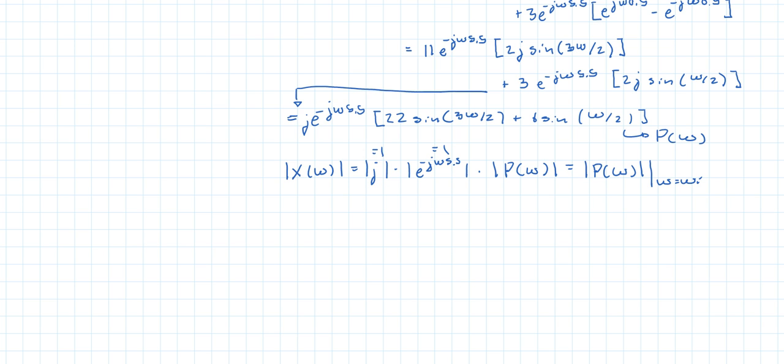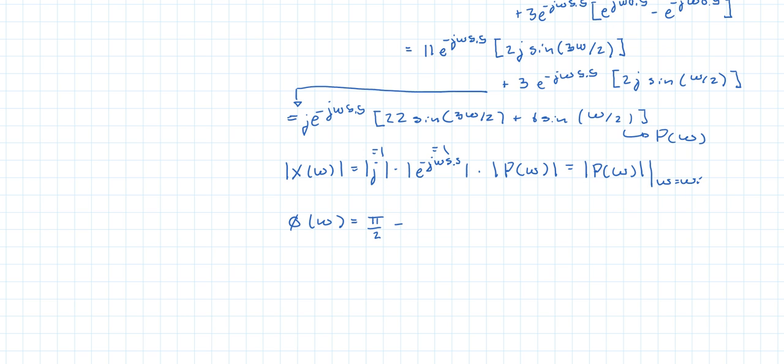What about the phase? The phase would be the phase of j, which is 90 degrees, π over 2, plus or minus the phase of the exponential term, which is everything in front that's multiplying the j term.